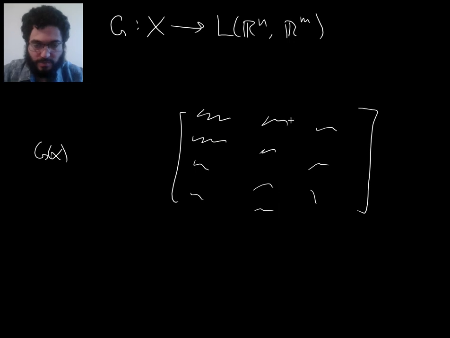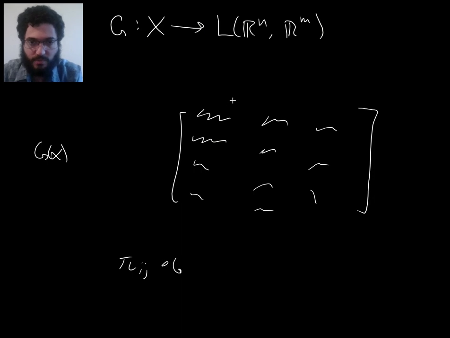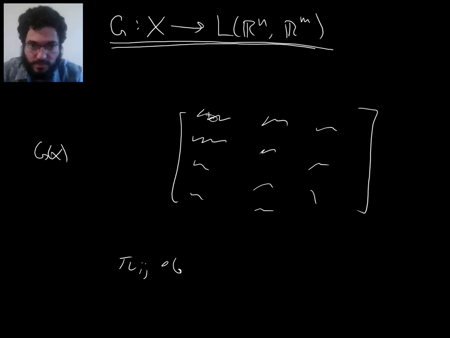And this matrix will depend on x, so you can think of the entries as depending on x. That's what those pi ij composed with g's are. And what we're saying is this function is continuous. Now we know this function is continuous if and only if each of these individual functions here in the standard basis matrix representation, these are all continuous functions of x.